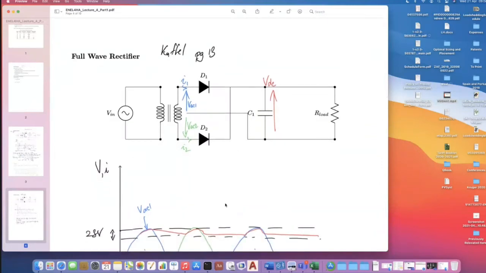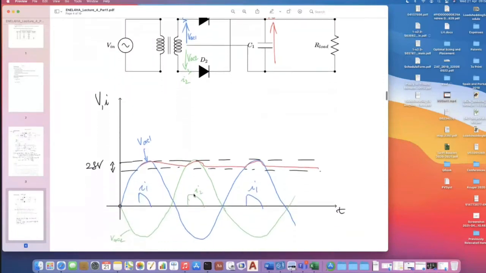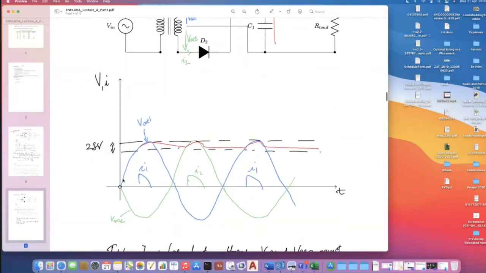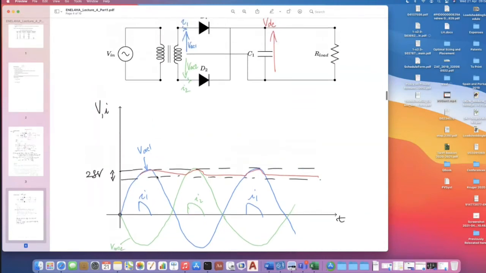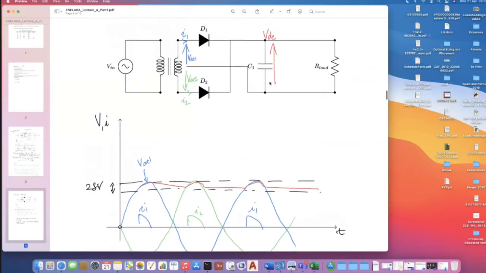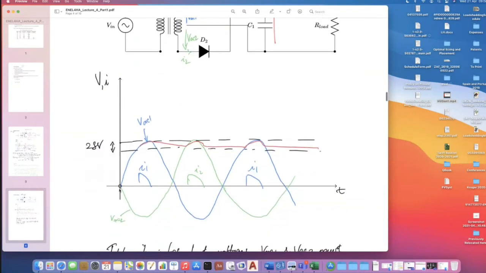We can look at our full wave rectifier. It's the same concept, but in this case, we center tap our source. So we've got VAC there and minus VAC there. So the voltage across your capacitor, VDC, will be a combination of the converted VAC1 and VAC2.